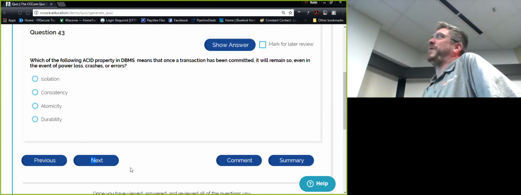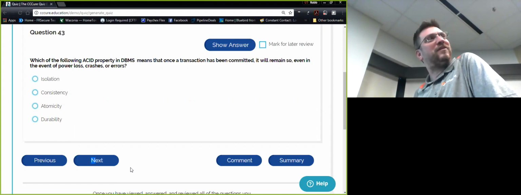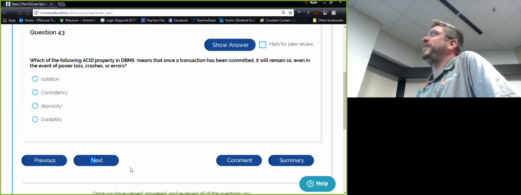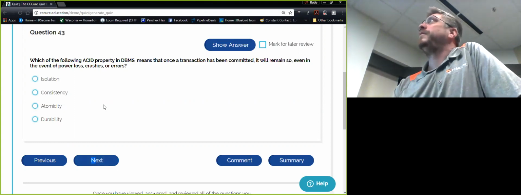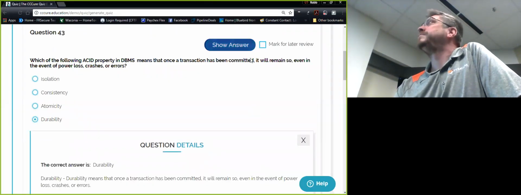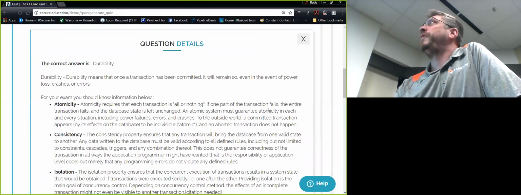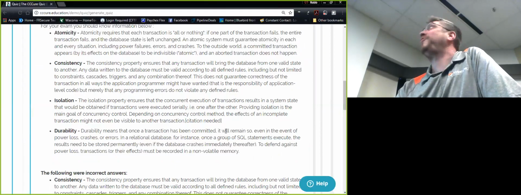Durability, you're not going to have corruption. Consistency is that transactions don't violate the integrity of the database. There you go, so it's durability. And again, this is what I like about this site, it actually has all that out there.